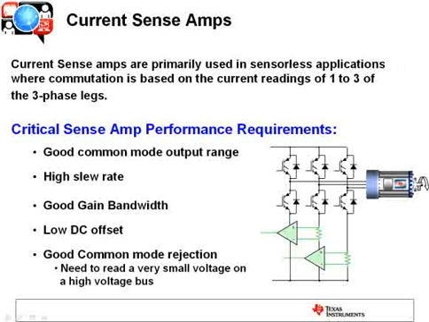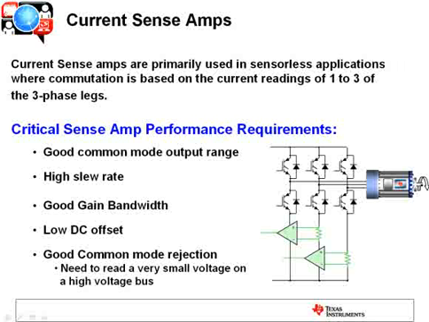And the critical performance requirements on these sense amps is they've got to have a good common mode output range. You're going to need a high slew rate, good gain bandwidth, low DC offset, and good common mode rejection. And the way these amps are working is, in each one of those legs, you are taking a differential voltage measurement across that sense resistor.